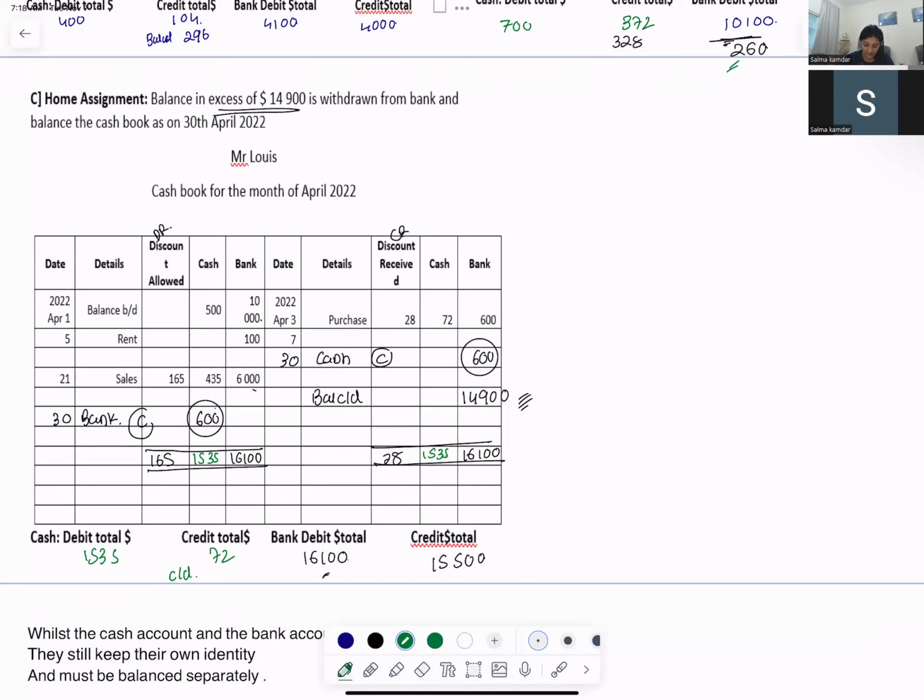So 1,535 minus 72. I have 1,463 as the balance close down. This will be on the last date again. And on May 1, this will become the balance brought down. Same amount.